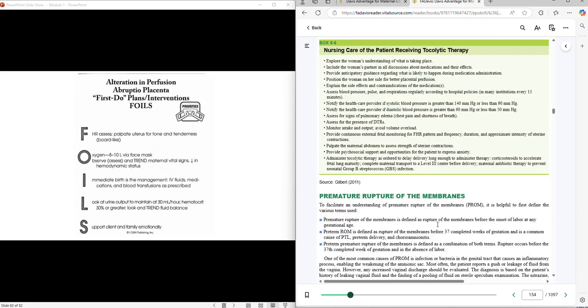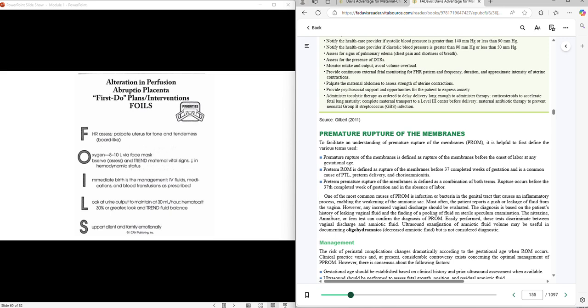All right, so let's go to premature rupture of membranes. We also call that PROM. Okay, premature rupture of membranes. Okay, and it has to meet these three criteria. So it's premature onset of labor, rupture of membranes before 37 weeks, rupture before the 37th complete week.